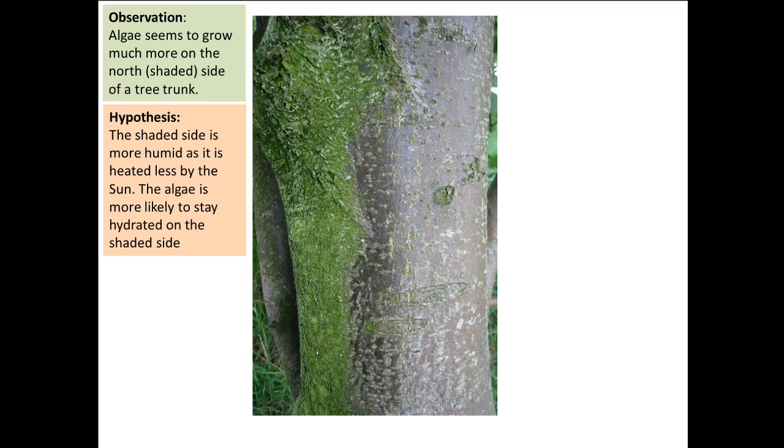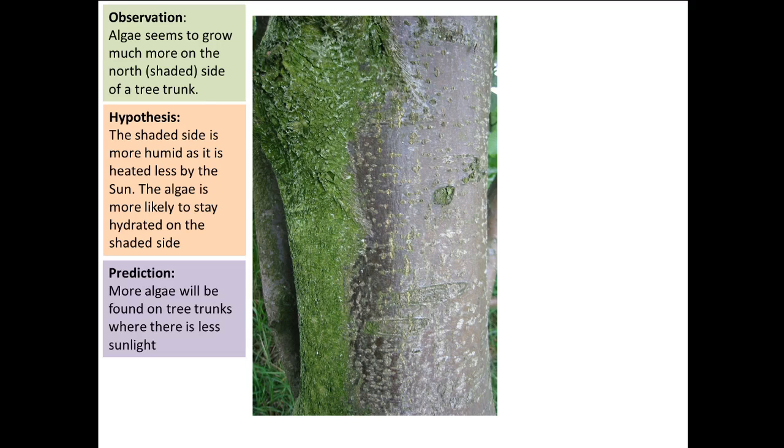I know algae want to do photosynthesis, but they're not found on the sunnier side of a tree. They're found on the shaded side. So it can't be that they don't like light, because they like light for photosynthesis, but with light comes heat, and therefore maybe it makes it drier on that side. The north side is shaded in the northern hemisphere, opposite way around in the southern hemisphere.